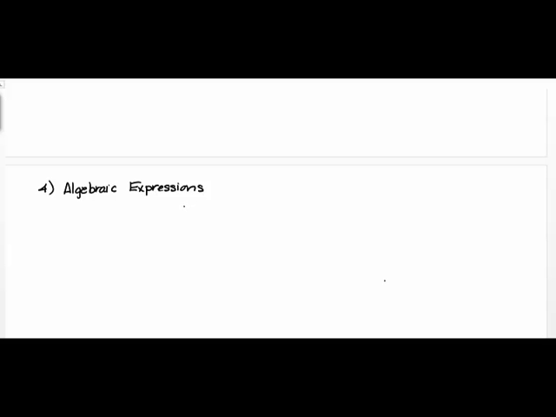So the key to algebraic expressions is this is where we're going to start introducing letters, right? So we talk about our variables. And those are represented by letters. And you can remember this. What does variable mean? It means it can change, right? And that's why we put a letter in there, because that letter could be anything.